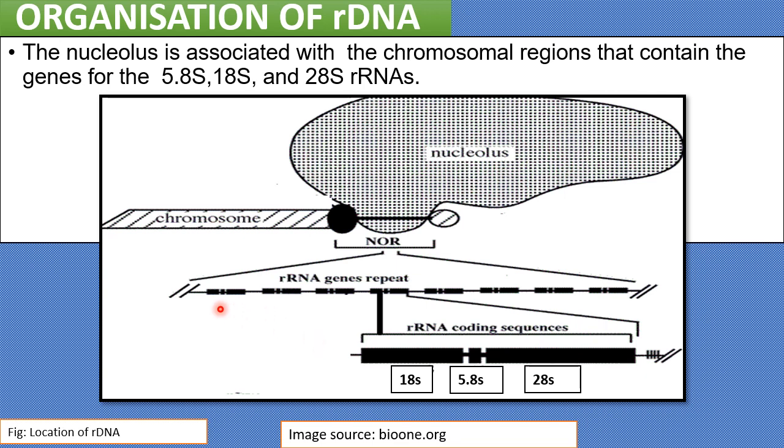In this diagram, these black dark dashes are the ribosomal RNA repeats, and this is the nucleolar organizer region as it has the ability to generate the nucleolus. Each of these repeats contains genes for the 18S, 5.8S and 28S ribosomal RNAs.